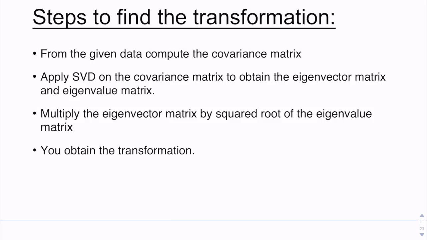Then we have found the transformation. Basically, if you have matrix X, in this step I compute the sample covariance matrix, and then decompose it to V times D times V transpose, and then the next step is just finding A as V times square root of D. Then done, I found it.